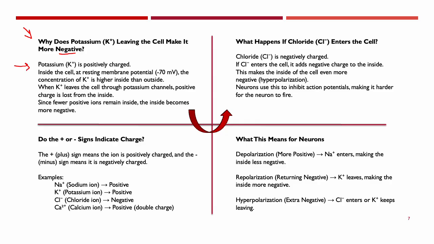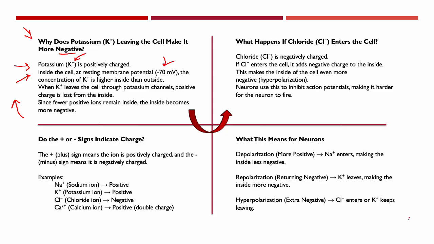Because potassium is positively charged, as you can see by that plus sign. Now, inside the cell, at resting membrane potential, meaning at minus 70 millivolts, the concentration is higher inside than outside. We mentioned that.